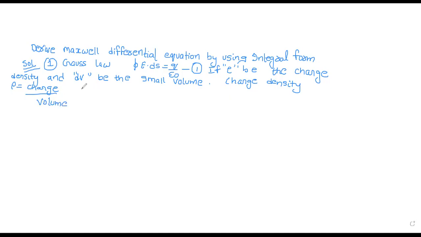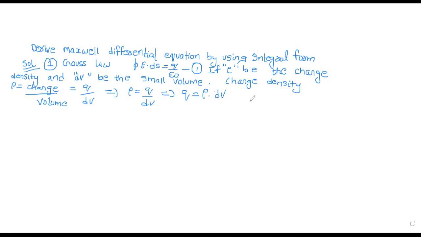Charge is denoted by Q, and volume we consider as V. So rho is equal to Q by dV. Clear, everybody? Now, Q will be equal to rho into dV. Can I write it like this? Q is equal to rho into dV.